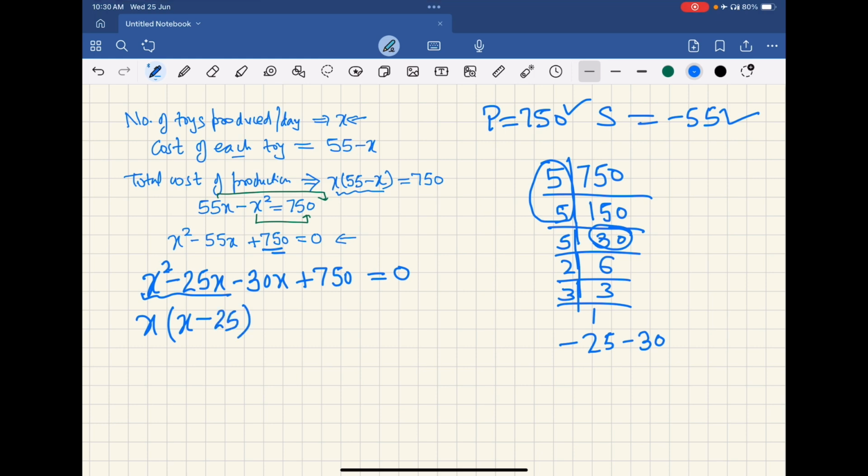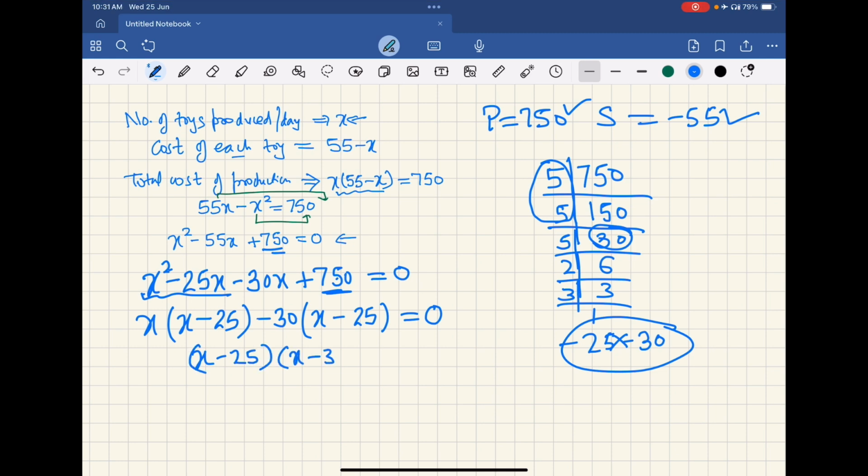Since inside the bracket I have got x minus 25, that means in the next bracket I also need a minus from 750, so I will take minus 30 common. Now minus 30x divided by minus 30 is x, plus 750 divided by minus 30: plus divided by minus is a minus, and 750 divided by 30 gives 25, as we saw earlier, 25 into 30. So now x minus 25 times x minus 30 equals 0.